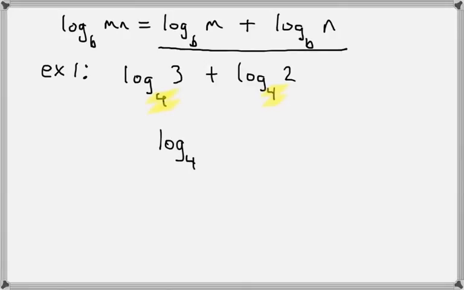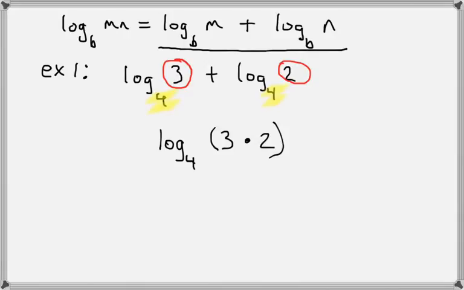So log base 4 of, you're going to take this guy and multiply by that guy. So you're going to combine them using that product property. So we'd have a 3 times a 2. This step right here does need to be shown. That is showing the process, or where the final numbers came from.